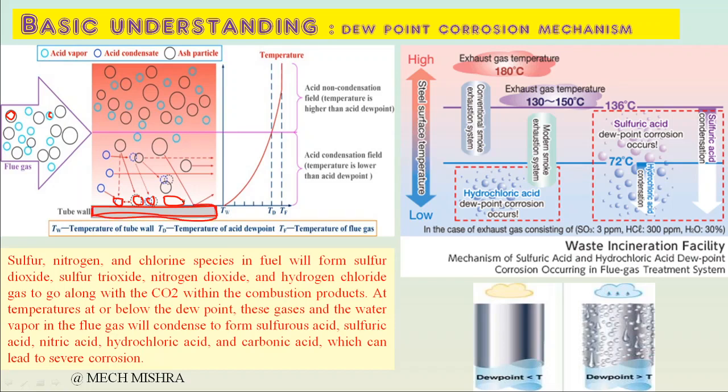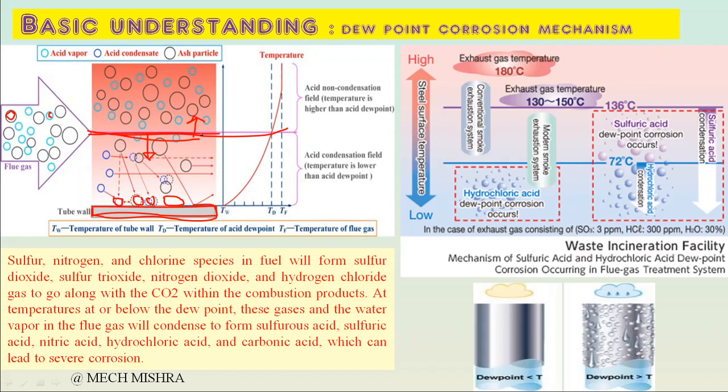So this is the dew point temperature. At temperatures below this, the water vapor gets condensed. So what we have to do is always maintain the temperature above this dew point temperature.